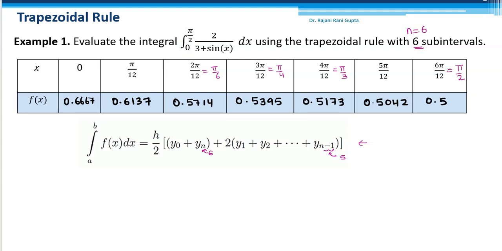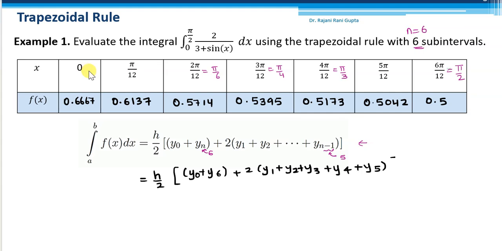So when you modify the formula, what you will get for your integral is h over 2 times (y0 plus y6 plus 2 times (y1 plus y2, y3, y4 and y5)). Okay.